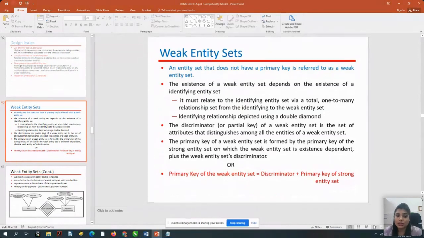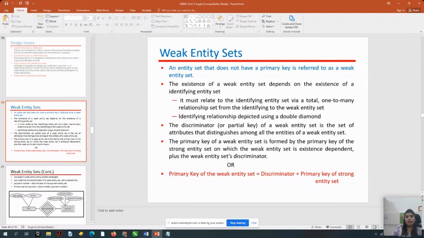That particular set is referred to as a weak entity set. So what does the weak entity set depend on? The existence of the weak entity set depends on the identifying set, or I can say the strong entity set to which it is linked.